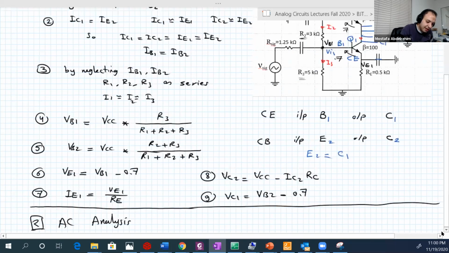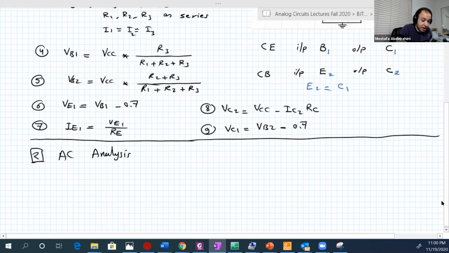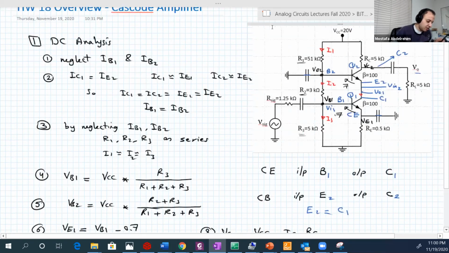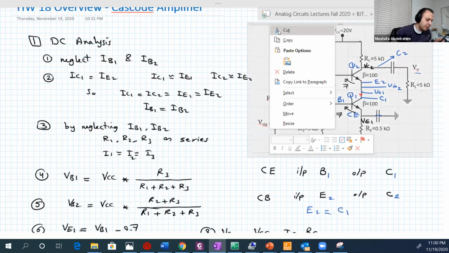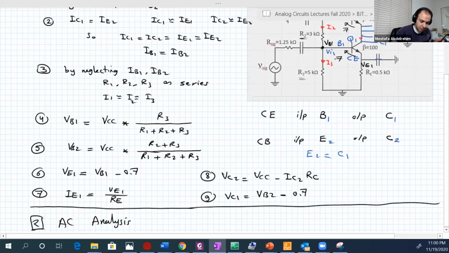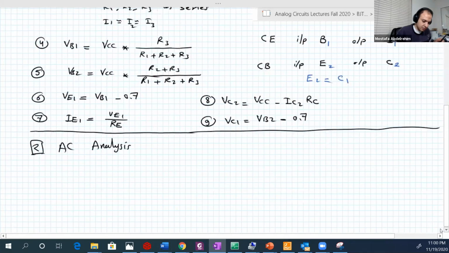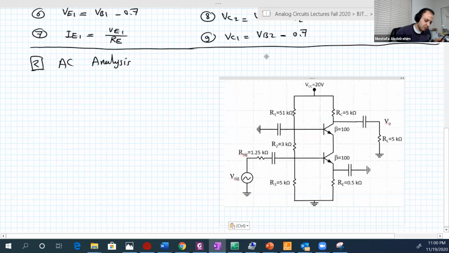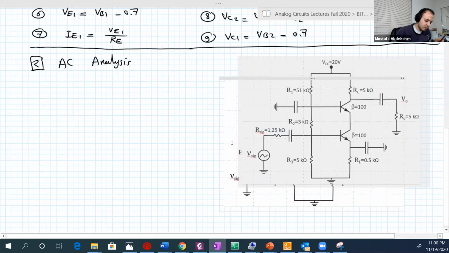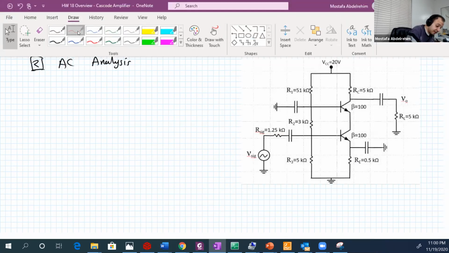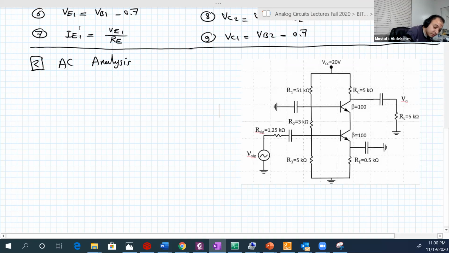Let's start by adding, I will just copy and paste the circuit again, to make it easy, that's much better than going up and down each time. So let's first short the capacitors.